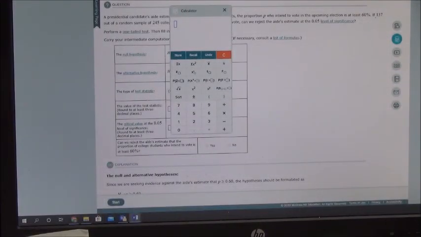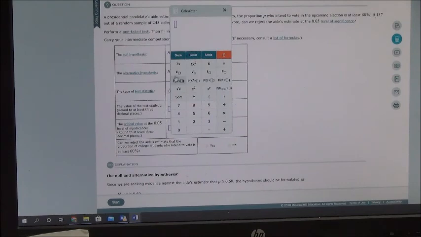It wants to know if this is a left-tailed test, a right-tailed test, or a two-tailed test. This would be a two-tailed test because we're using the not equal. And then we have to calculate our critical value. When we do our critical value, again, probably the Aleks calculator is easier.